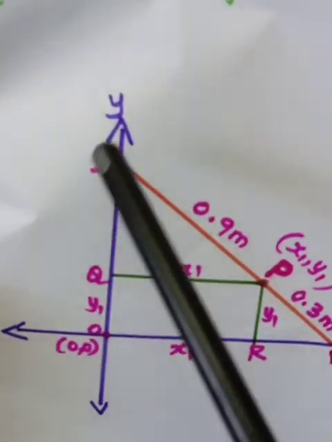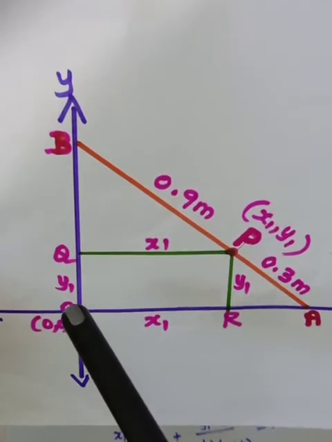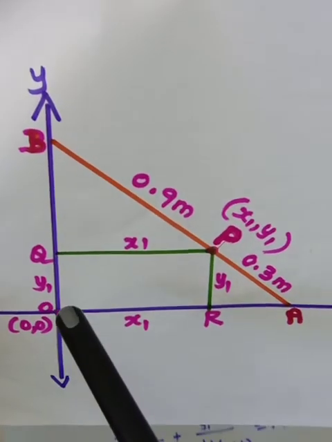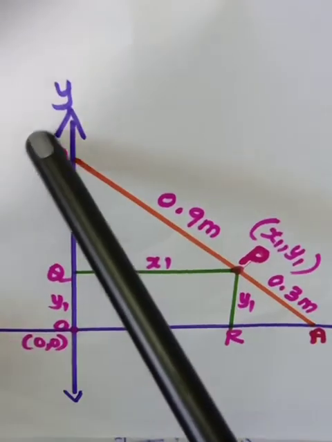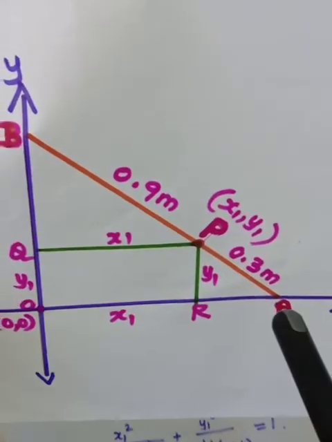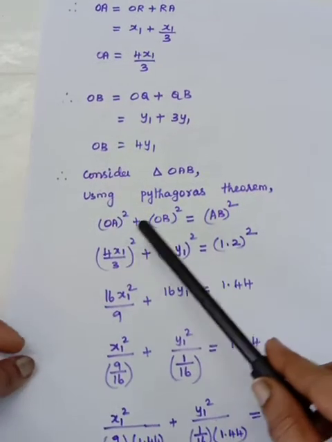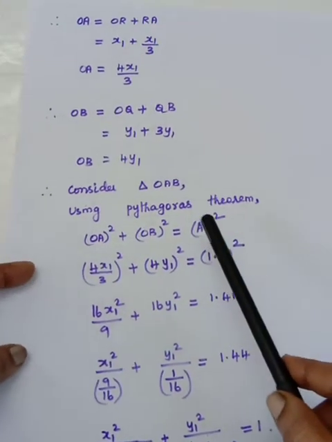Here it is a right angle triangle, so we can use the Pythagoras theorem for OAB. OA squared plus OB squared is equal to AB squared. What is OA?